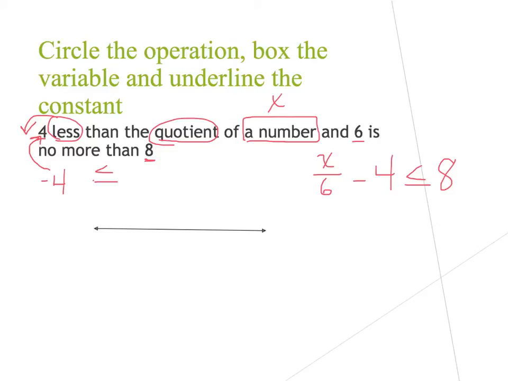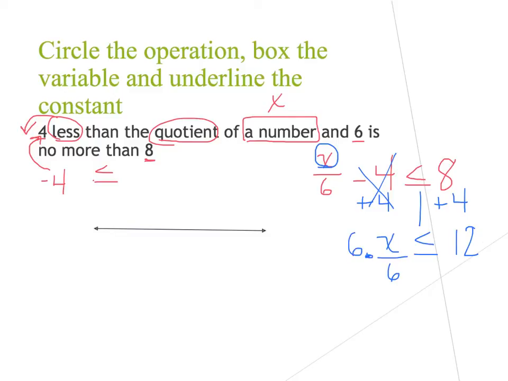All right, so the first thing to do to solve is to circle the variable, bring down my sign. This says to subtract 4, so I'm going to add 4 on both sides, which cancels, which leaves me with x divided by 6. 8 plus 4 gives me 12. And then I'm going to multiply both sides by 6 because over here it tells me to divide by 6.